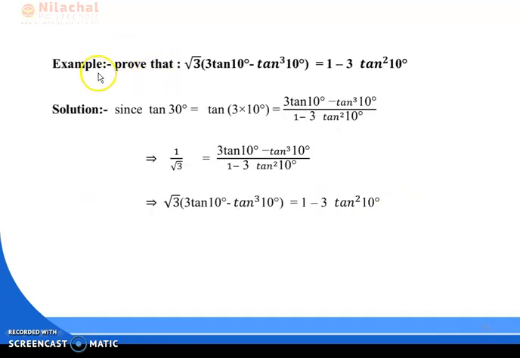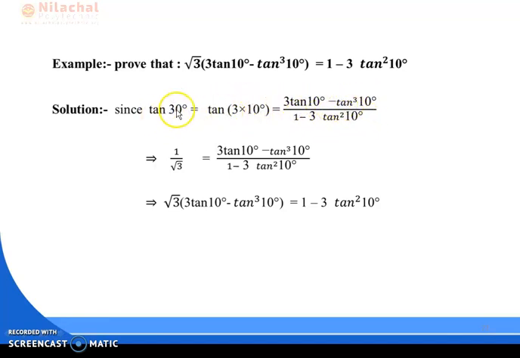Prove that. For example, let's see an example: root 3 into tan 10 degree minus tan cube 10 degree equals 1 minus 3 tan square 10 degree. We have to find out from tan 30 degree, which equals tan 3 into 10 degree. So we know the tan 3A formula, where A is 10 degree. What is the formula? 3 tan A minus tan cube A whole by 1 minus 3 tan square A. What do you get now?